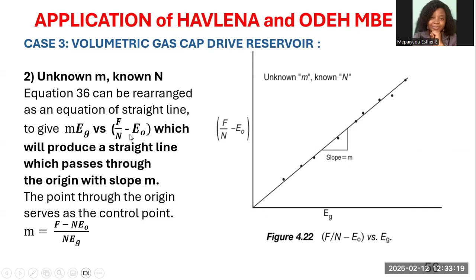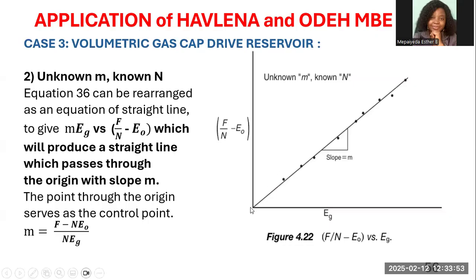This is Y equals MX. Your Y is F over N minus EO. This actually should be F over N minus EO versus EG, where M is unknown. If you rearrange this, you have M equals F minus NEO over NEG.